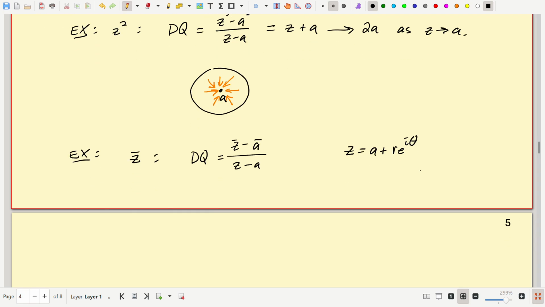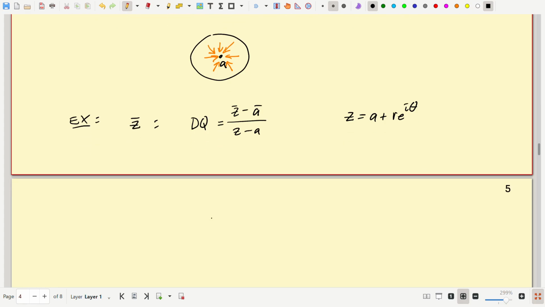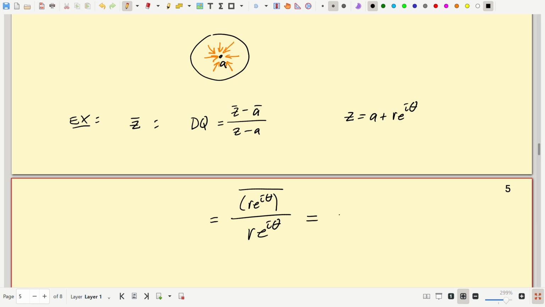The difference becomes r e to the i theta conjugate over r e to the i theta. The r's cancel out, and I'm left with e to the minus 2i theta. I did this calculation when a was 0 last time.